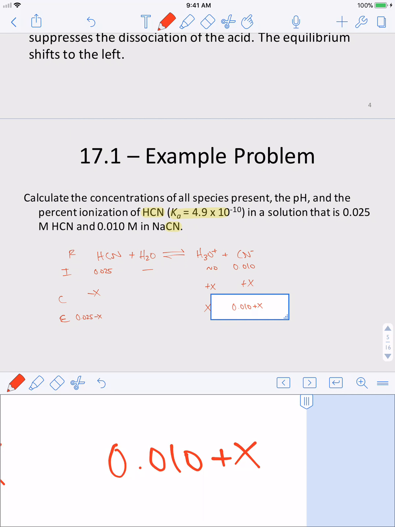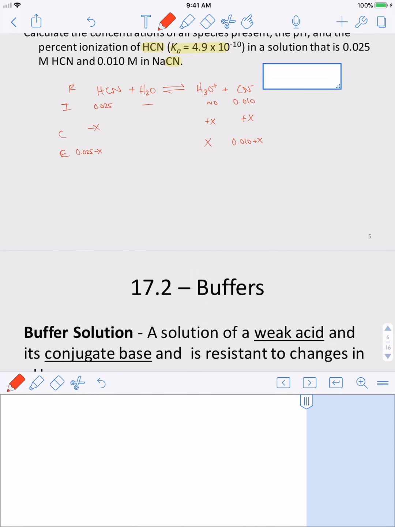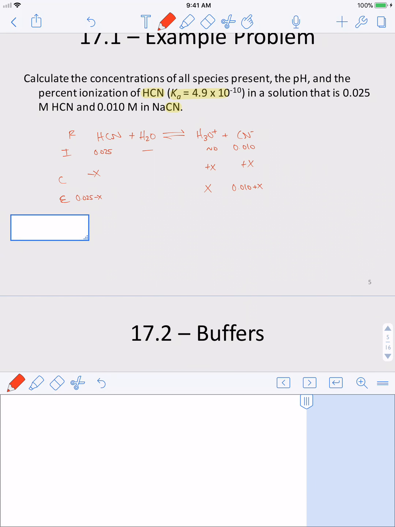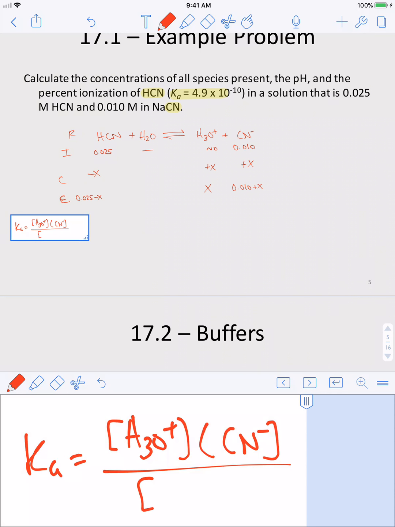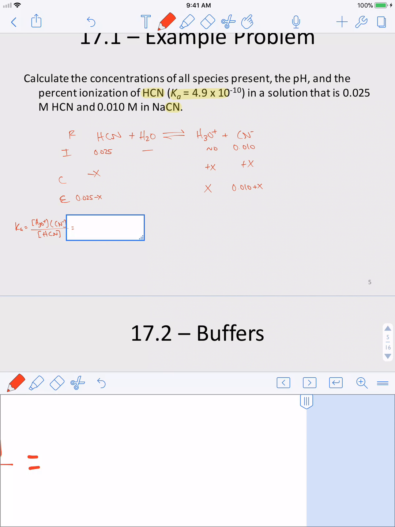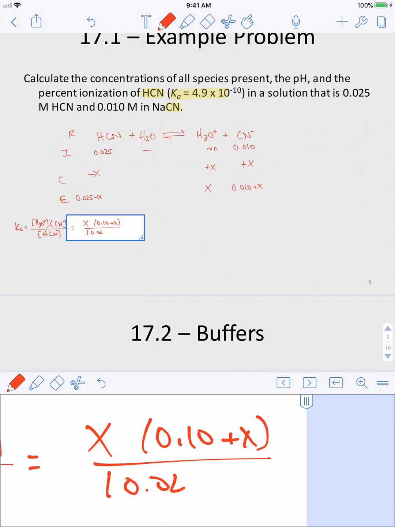All right, so now that we have our RICE table, we want to think about our Ka expression. Okay, our Ka is products, H3O+ times CN-, over HCN. Okay, we start plugging in values here. We get X times 0.010 plus X, over 0.025 minus X. We're going to make an assumption.